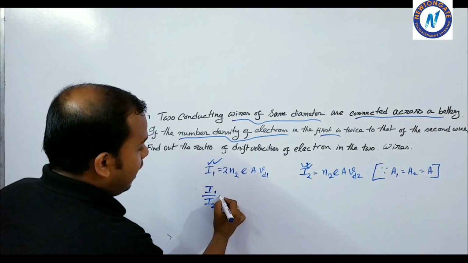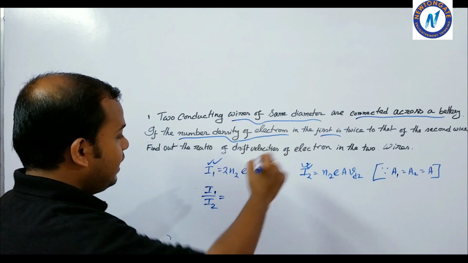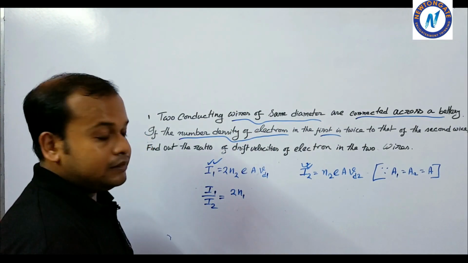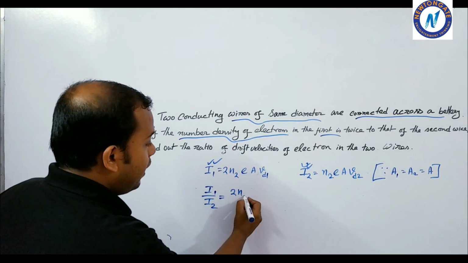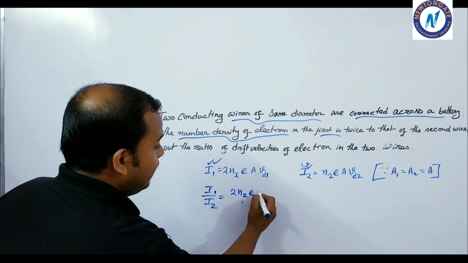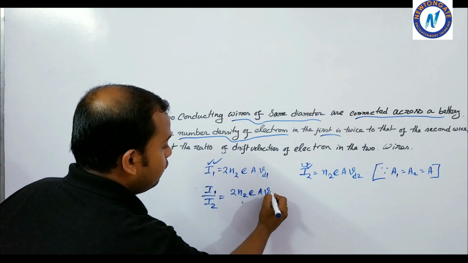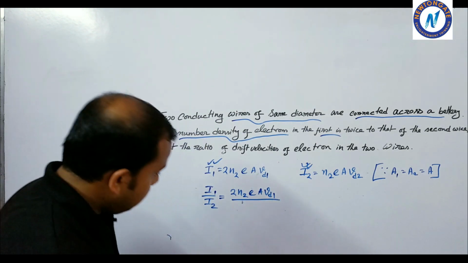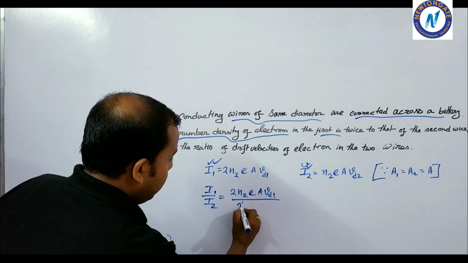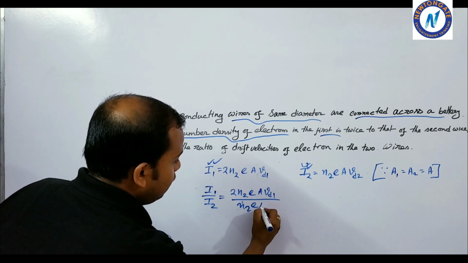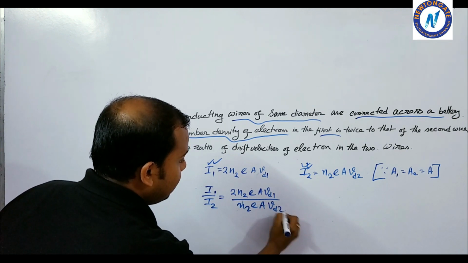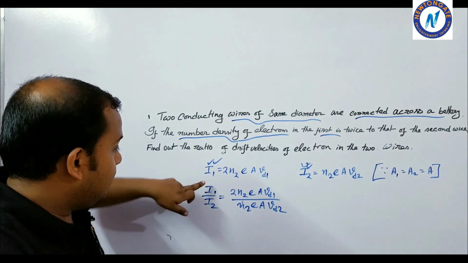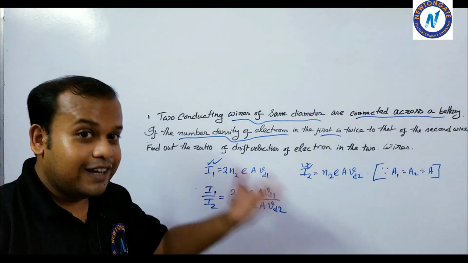So I1 by I2 equals twice N2 into E into A into Vd1, divided by N2 into E into A into Vd2, right? These are the ratio between the two currents.